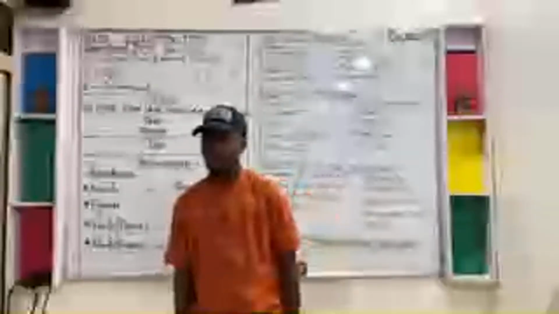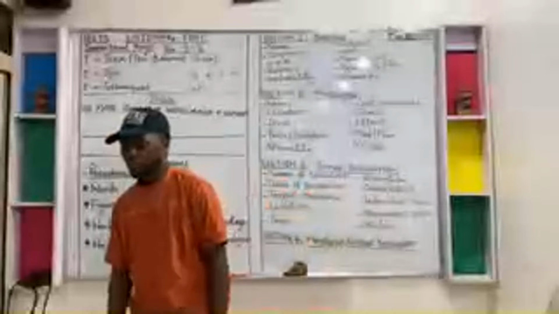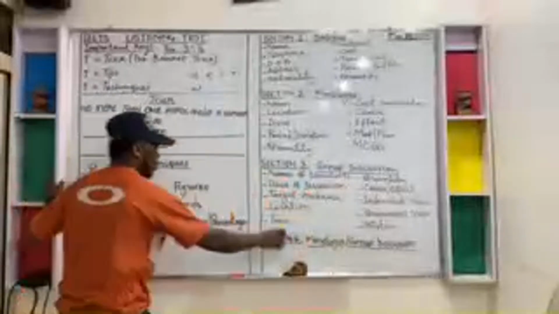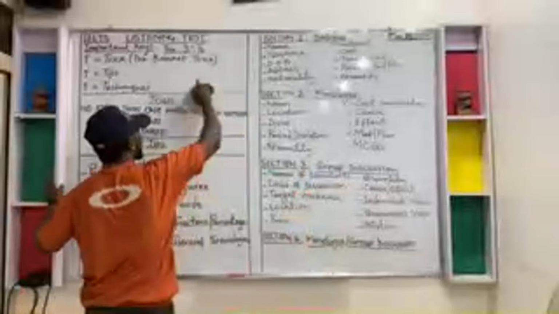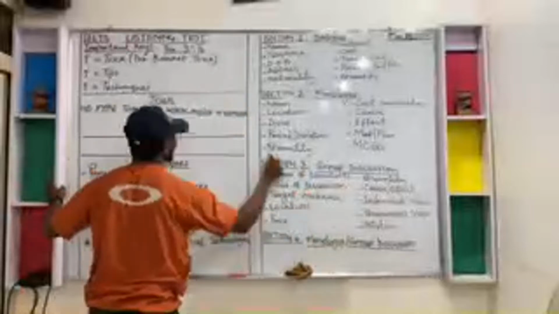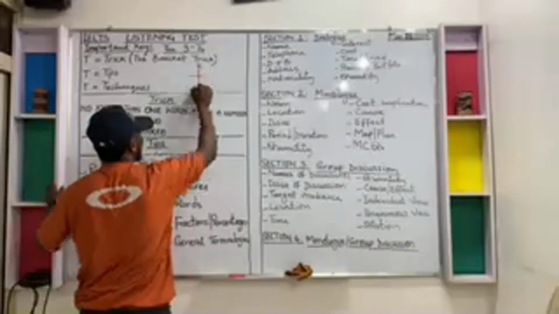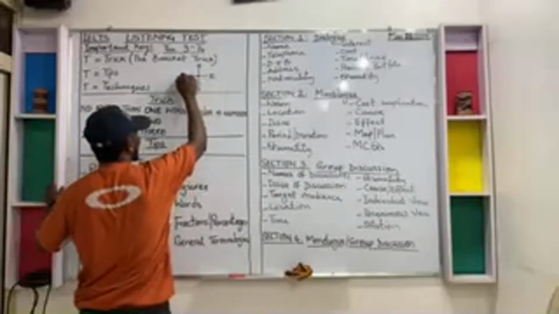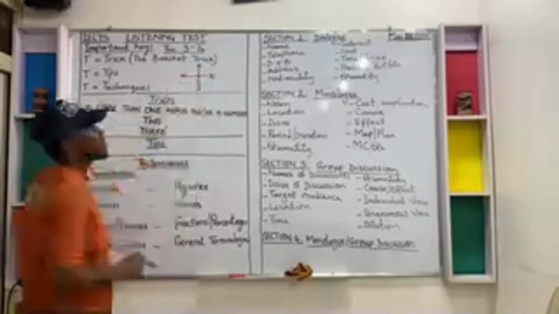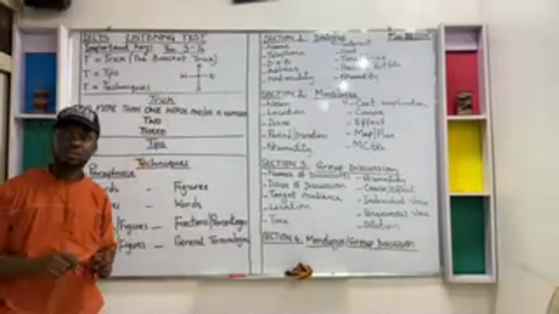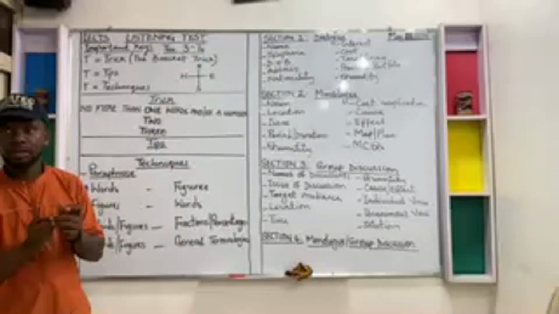Map reading. On every map, what we call the compass, cardinal points.